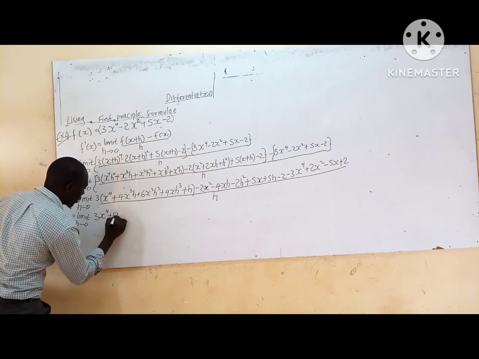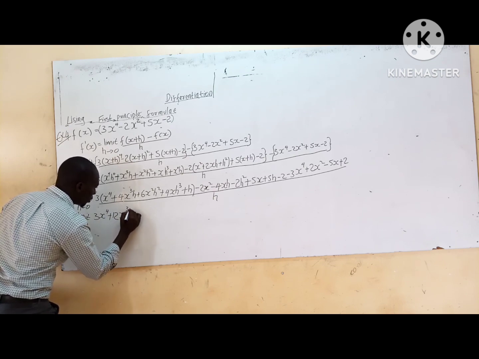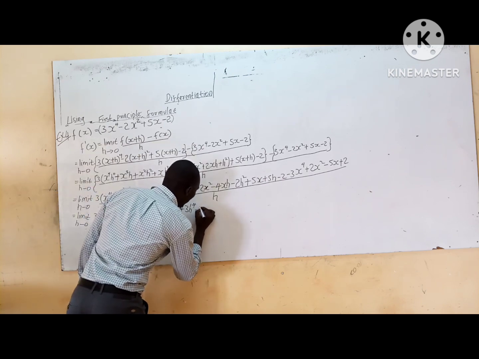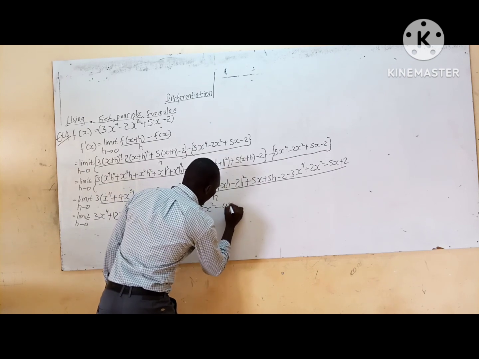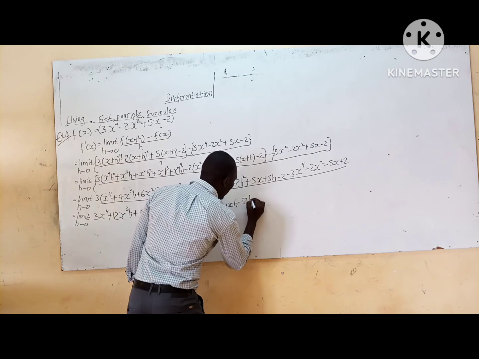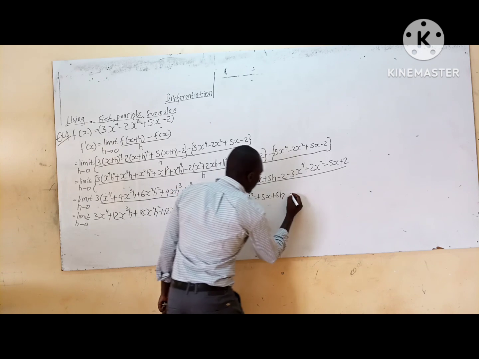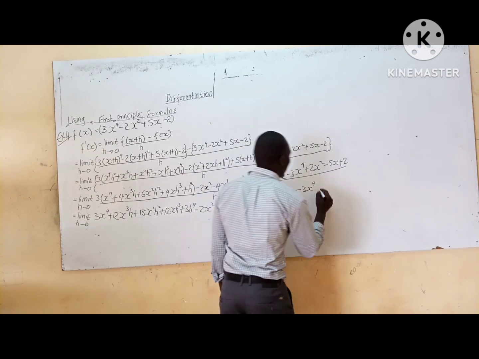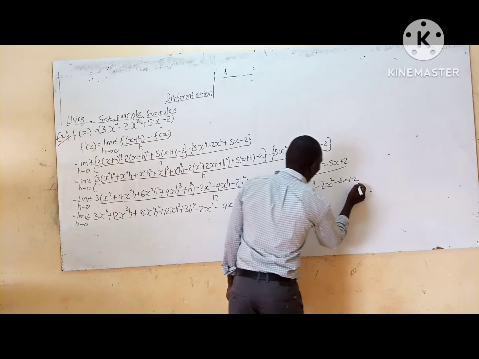We add 12x cubed h and subtract 2x squared, minus, add 5x, subtract 2 power 4, subtract 2x squared, subtract 5, add 2.